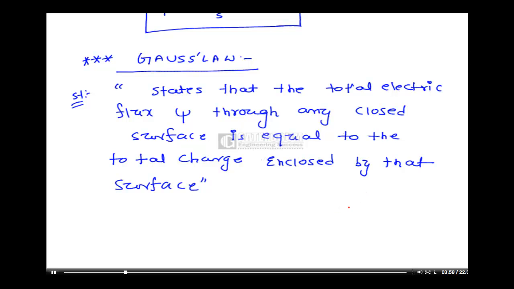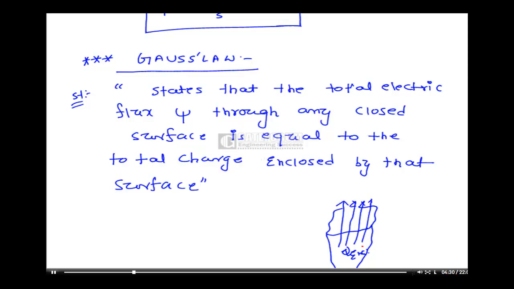That is, the total electric flux through any closed surface. Suppose this is a closed surface. We know a closed surface is nothing but a volume. So the total electric flux coming out from this closed surface or volume is nothing but Q enclosed, the total charge present in the volume.